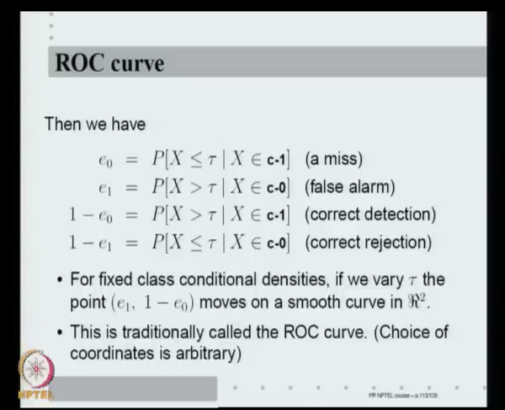For each tau, there is one value of E1 and one value of 1 minus E0. So, as I vary tau, it becomes a smooth curve, and such a curve is called the receiver operating characteristic. This is another way of trading one kind of error with the other kind of error.